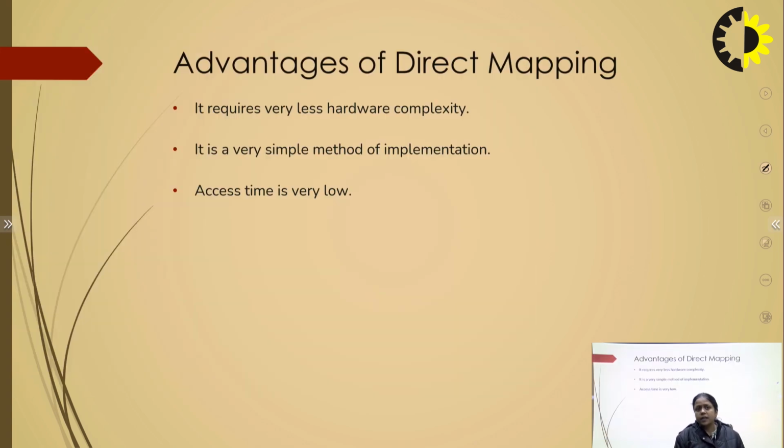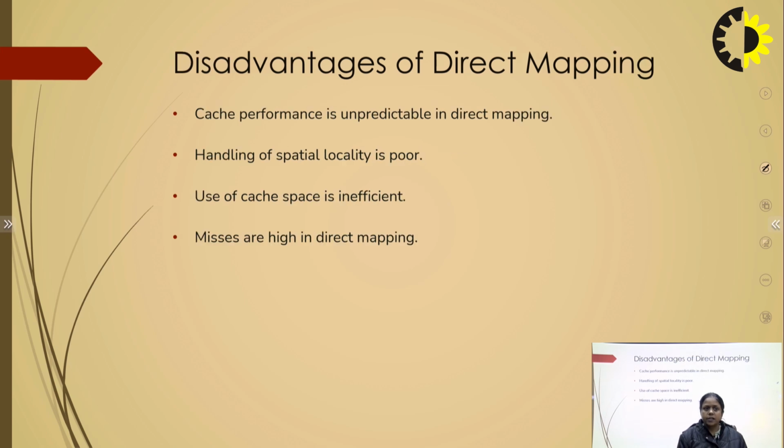Now you can see the advantages are: it requires very little hardware complexity, it is a very simple method of implementation, and access time is very low. The disadvantages are that cache performance is unpredictable in direct mapping, handling of spatial locality is poor, use of cache space is inefficient, and the most important thing, misses are high in direct mapping.